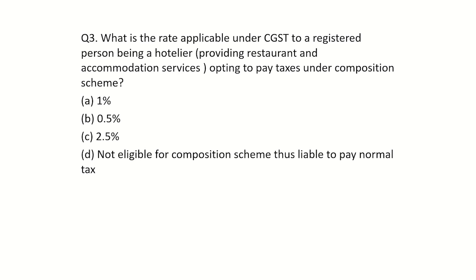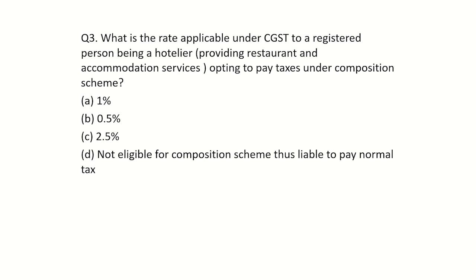Now, if you carefully observe under the provisions of section 10, a person who is eligible to get registered under composition scheme, he shall not be granted registration under the provisions of section 10 subsection 2 if he is engaged in the supply of services.